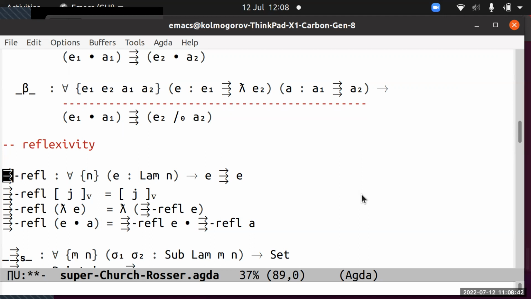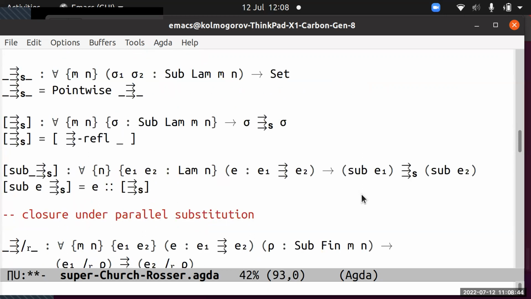Okay. And then here's the definition of the square bracket relation, this relation, just as a pointwise extension of this relation. And there's some syntax and some blah there that I won't explain here. But I can immediately conclude that for any sigma substitution pointwise parallel reduces to itself.